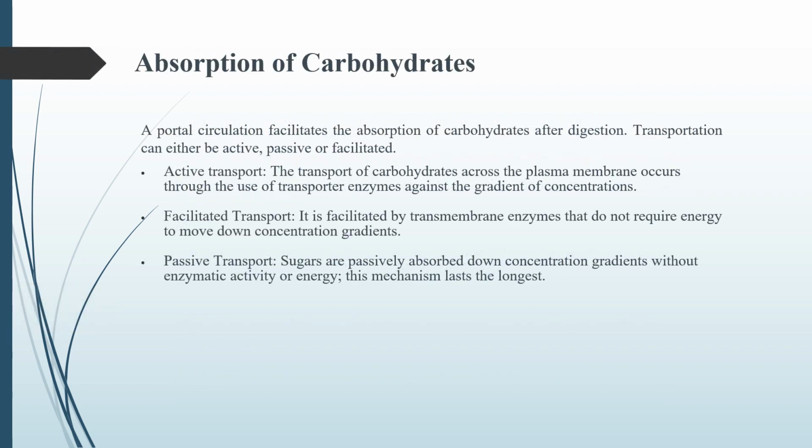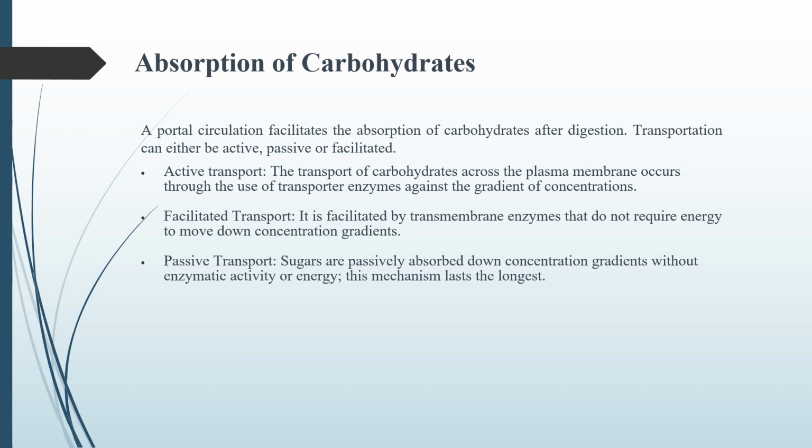Absorption of carbohydrate. A portal circulation facilitates the absorption of carbohydrate after digestion. Transportation can either be active, passive, or facilitated. Active transport. The transport of carbohydrates across the plasma membrane occurs through the use of transport proteins against the gradient of concentration.